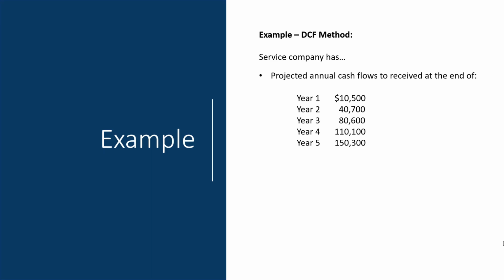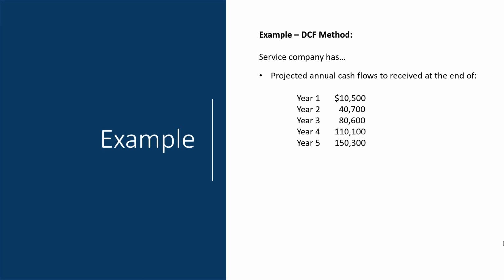This particular company was a service-based business that had been in business for about 2 years. And based on their profile and their projected growth in their earnings and the investments that they were going to be making, year one projection. So this is year one out. You're standing here on today's date, and a year out from today, you're anticipating that the cash flows at the end of that period will be $10,500.